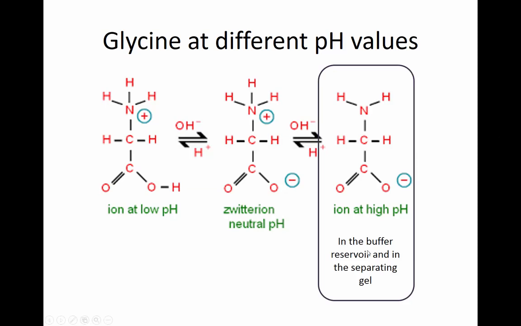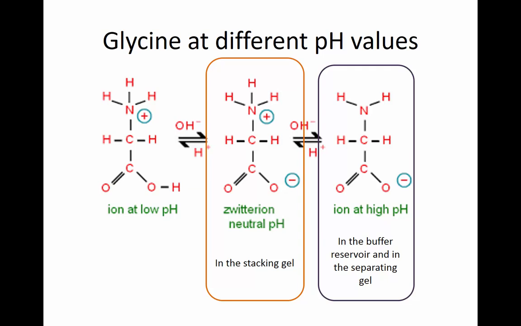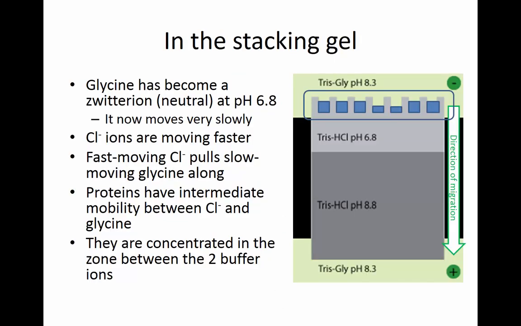So as I said before, in the buffer reservoir and in the separating gel, we have a glycine ion, a negatively charged ion at high pH, because the buffer that makes the separating gel and the buffer in the reservoir are of relatively high pH. In the stacking gel, you have the Zwitter ion, which means it's positively and negatively charged, and those cancel each other out.